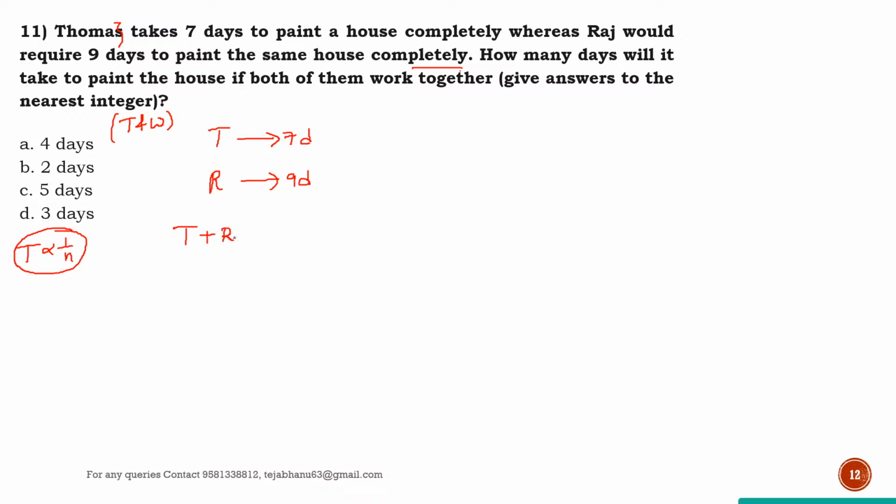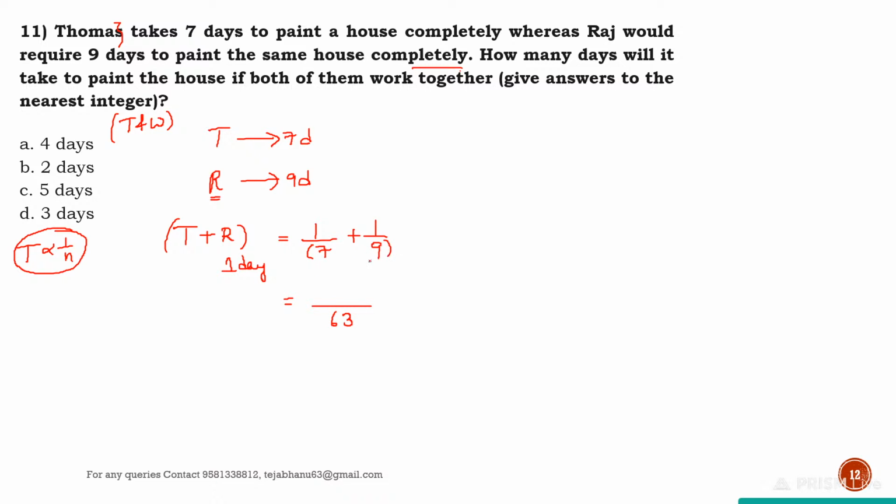If you find out how much work Thomas and Raj did in one day, Thomas did 1/7 of the work and Raj did 1/9 of the work. If you take the LCM, it is 63.